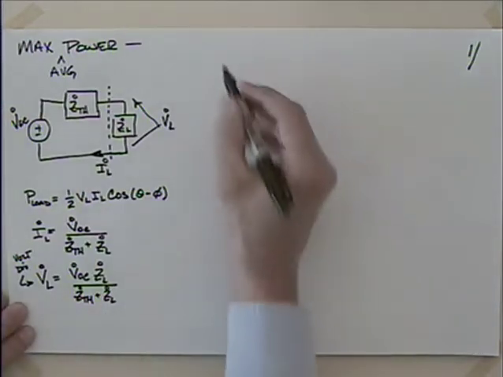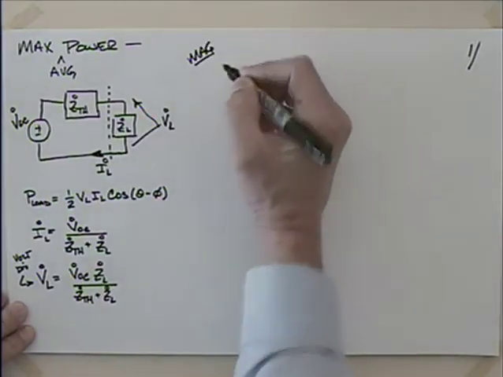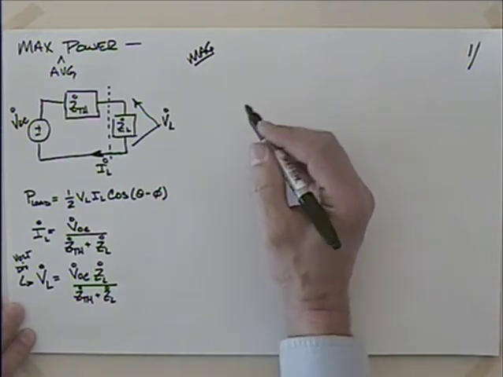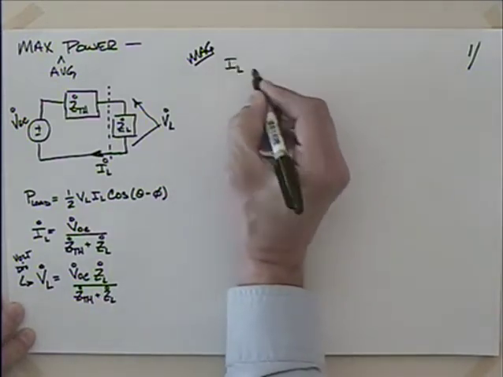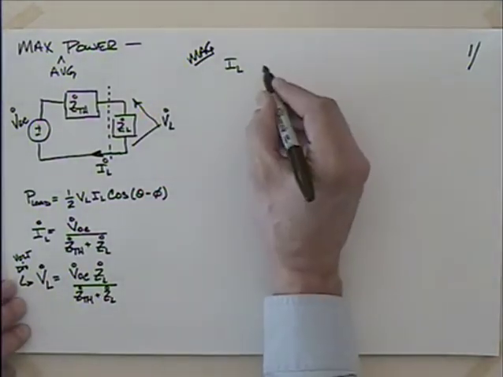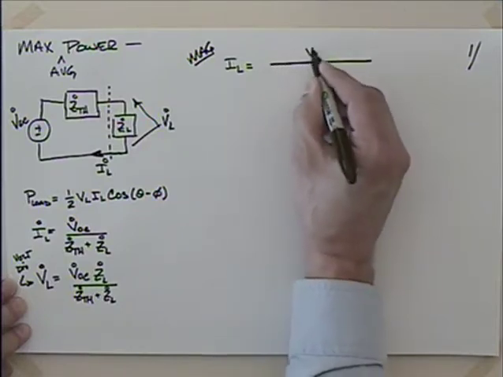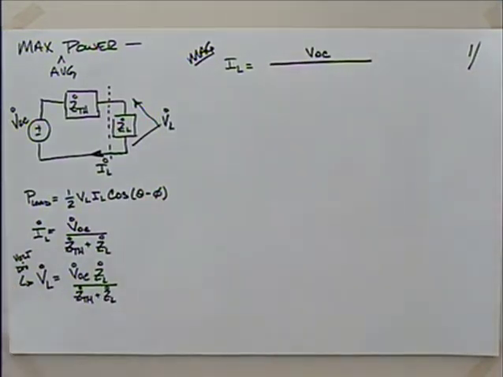So if I look then at the magnitudes, so let me talk about the magnitudes of I sub L. So I won't put a phasor on there. I'm talking about the magnitude. What's that going to be? Well, it'd be the magnitude of V open circuit. And then how do I find the magnitude for Z Thevenin plus ZL?